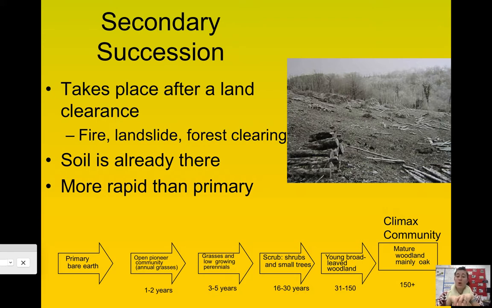But this happens more quickly than primary because you already have something to start with. It's really important to remember that when the trees were there before, they dropped seeds, and those seeds are still in the soil. So those seeds can use the soil that's present and regrow. So you don't have this waiting period that you do with primary succession because you're not waiting for those pioneer species to arrive because you've already got a seed bank in the soil.